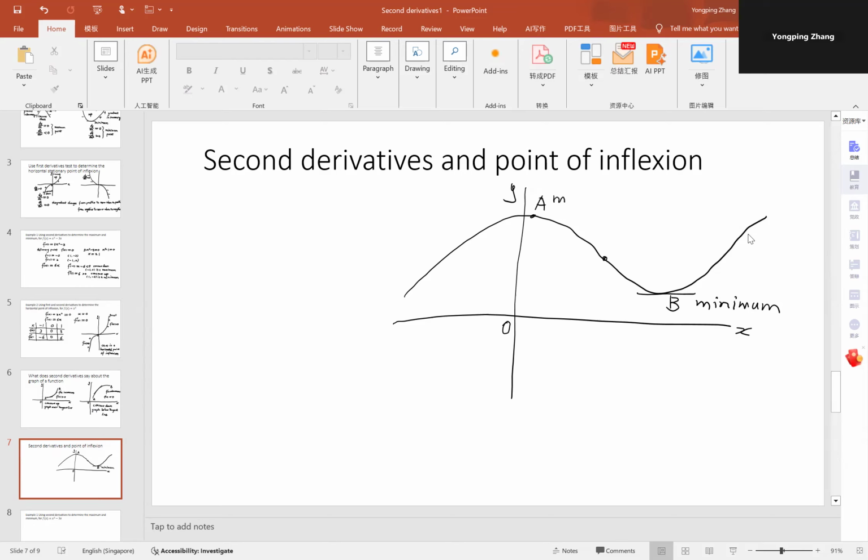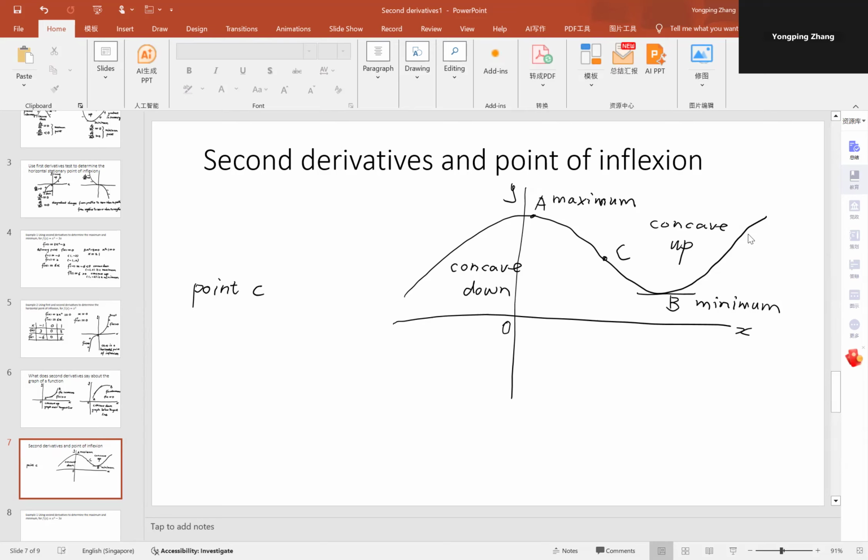This is the maximum. From point C, this part is concave down. This is concave up.